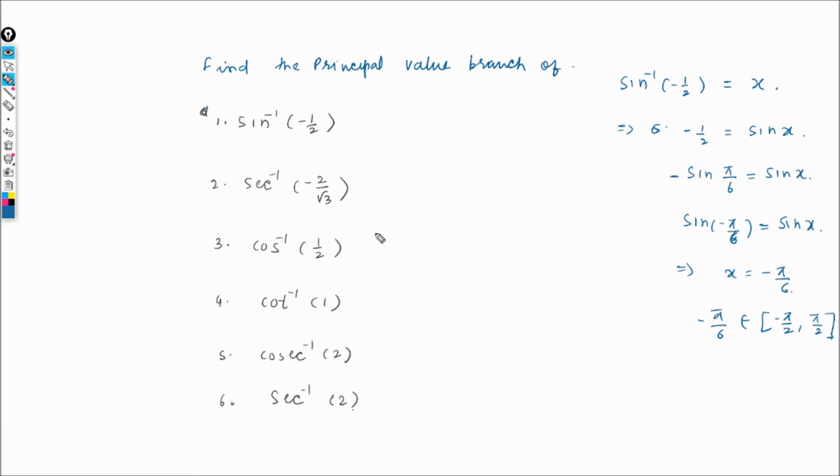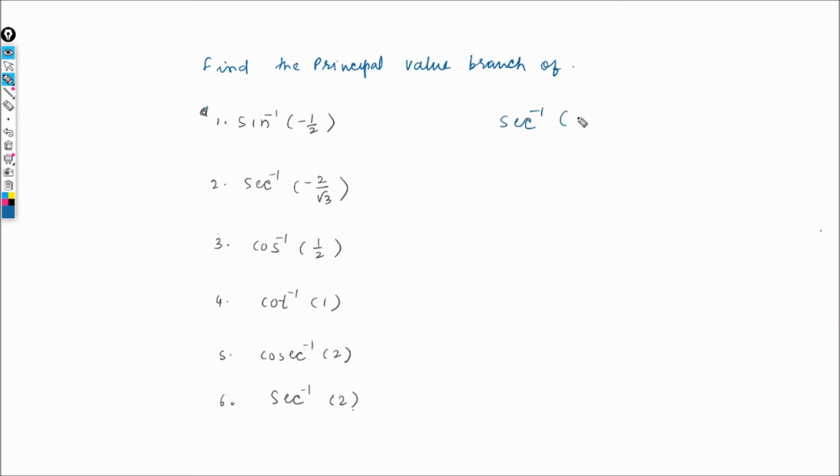Now let us see the second question here. Sec inverse of minus 2 upon root 3 is equal to x. So this implies minus 2 upon root 3 is equal to sec x.